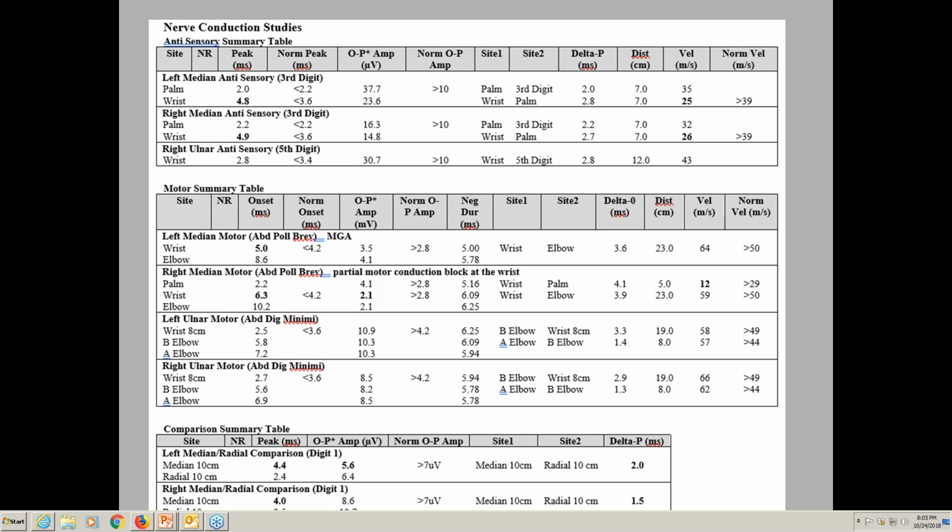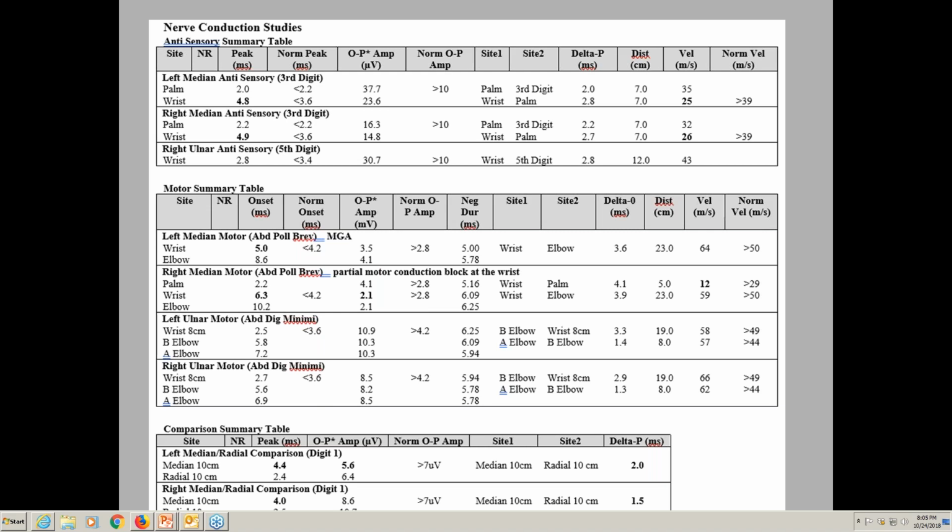So if we were looking at that and that was all that we had, and say that the EMG was normal, what would our impressions say? This is an abnormal study. Good.